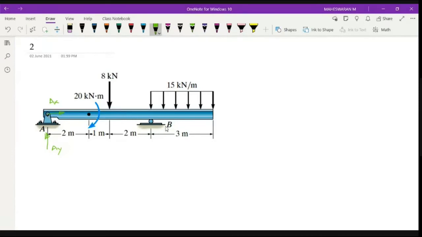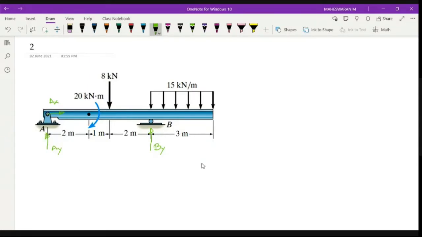Next, if I consider B, B is a roller support, which means I will have only one reaction, which is BY. I think we discussed these different types of supports in unit 1 itself. Same concept, even though it's a beam, we are following the same concept.